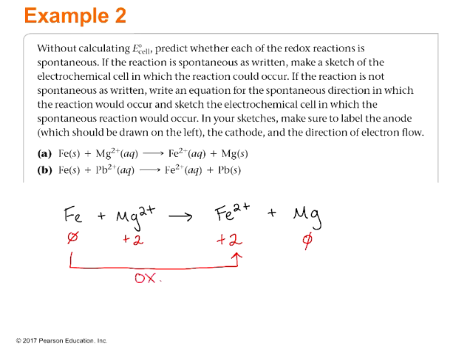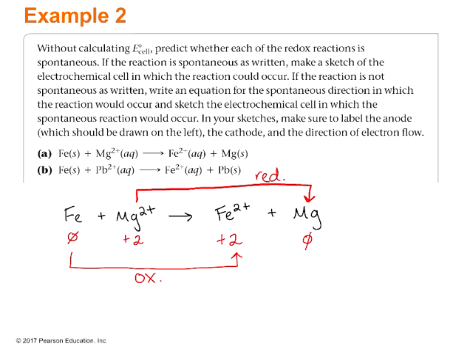And then what about magnesium? Magnesium goes from +2 to 0. So is it losing electrons or gaining electrons? Gaining electrons. It's becoming less positive. So then is it oxidized or reduced? It's reduced.